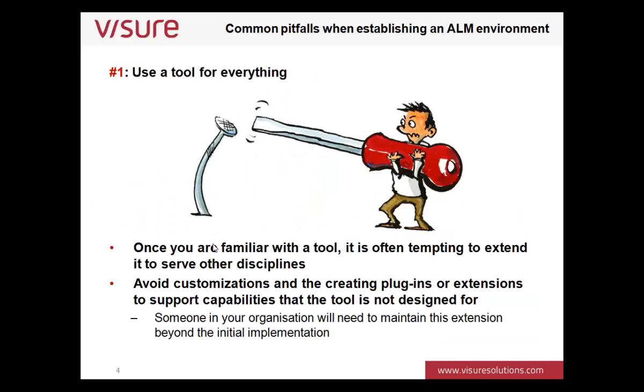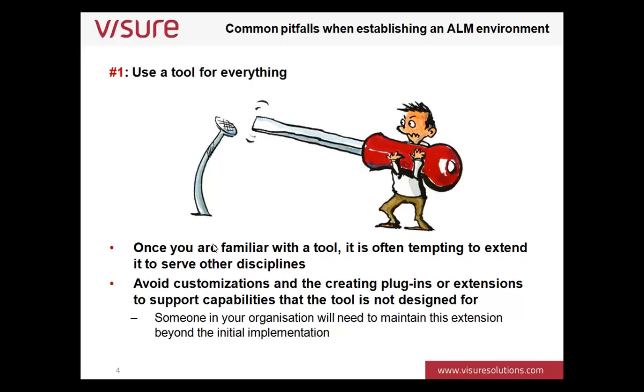The most common pitfalls that we find in our customers when starting to integrate the different teams together: the first one, and the most common one, is the belief that if a tool has been successful for one team, it will be successful for other teams and for other disciplines.